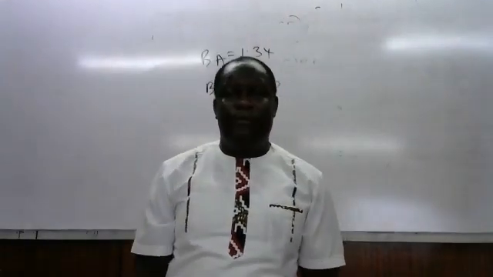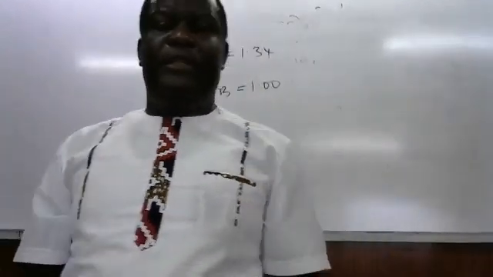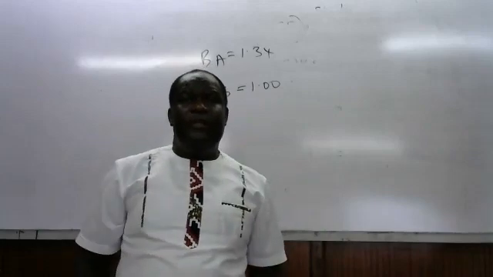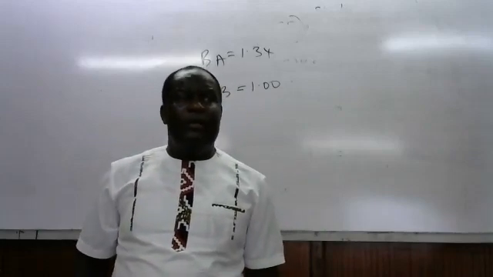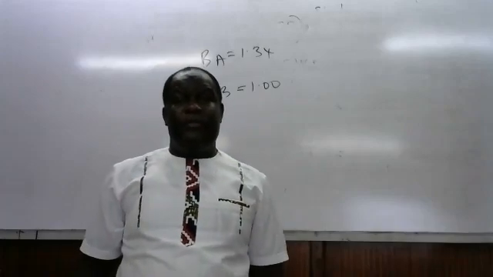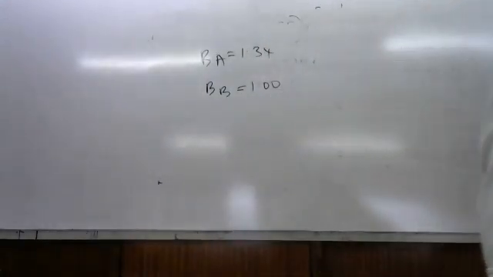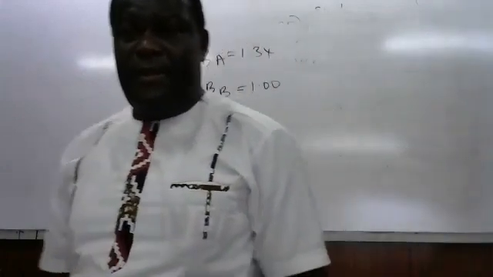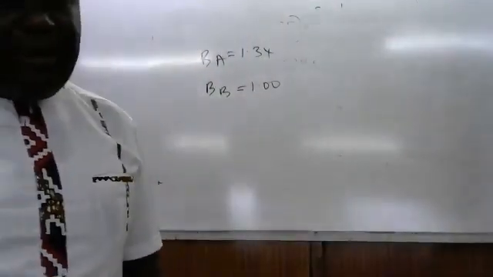Then we continue by noting that since the beta factor is equal to 1, then it is the market security. So that is now for B.